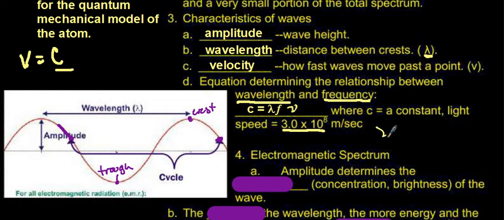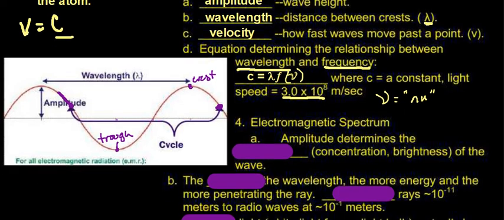That would be nu, and that's the same thing as frequency. So c equals lambda f or lambda nu. And that is the comparison between the speed of light, the wavelength, and the frequency. And this frequency then represents the energy.